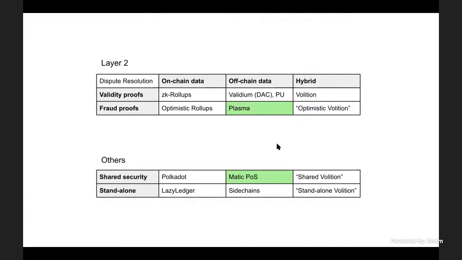These sorts of proofs are by default non-interactive. On the other hand, we have fraud proofs, which are by default interactive or reactive, if you will. So what does that mean? For fraud proof-based solutions, it is necessary that some party, ideally the owner or the end user, monitors that particular chain or scalability solution if they have funds in it.